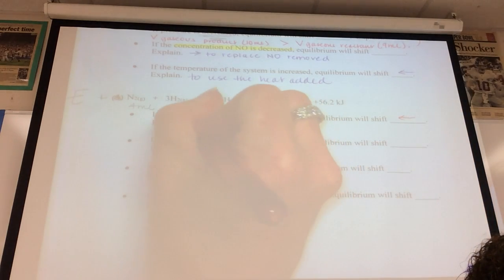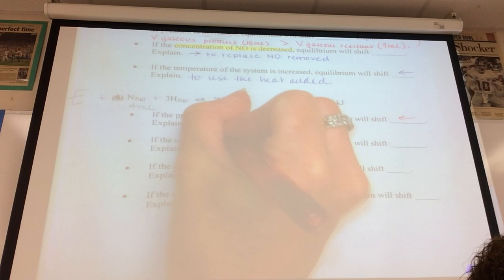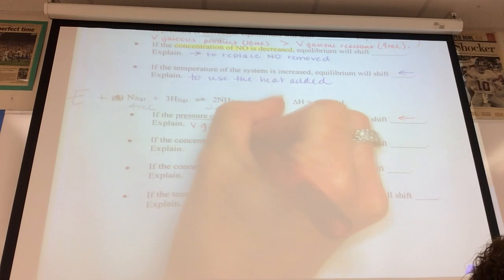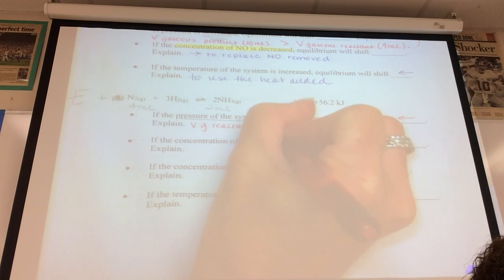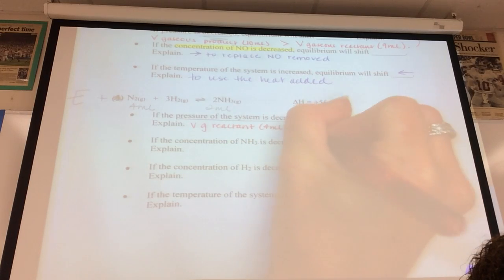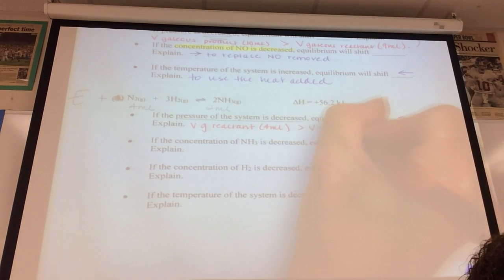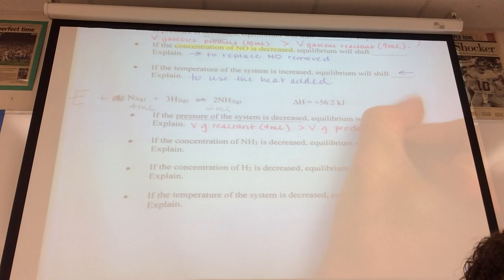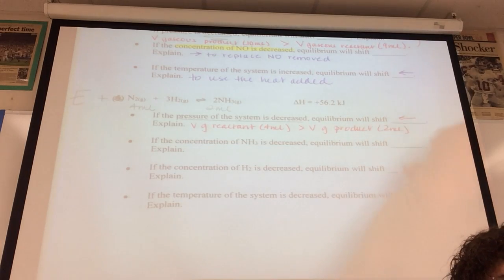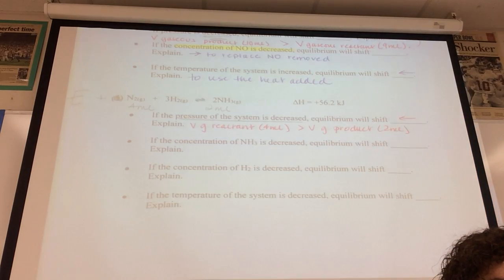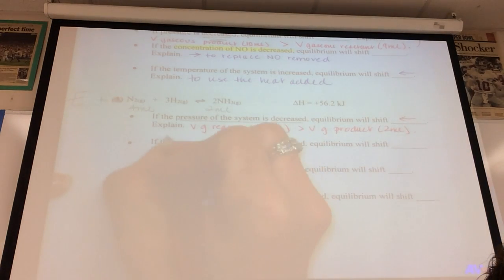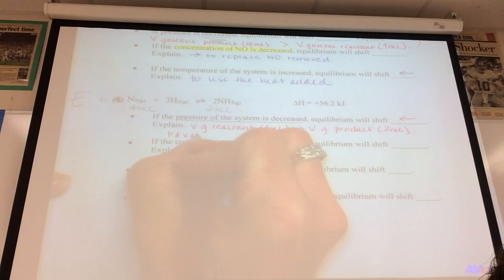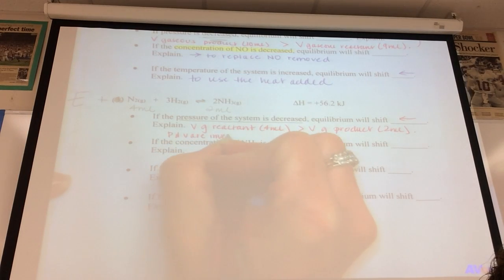And that's because the volume of gaseous reactant, which is 4 mils, is greater than the volume of gaseous product, which is 2 mils. And we know that pressure and volume are inversely related according to Boyle's law.